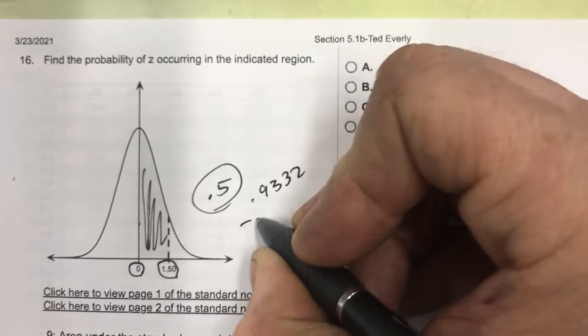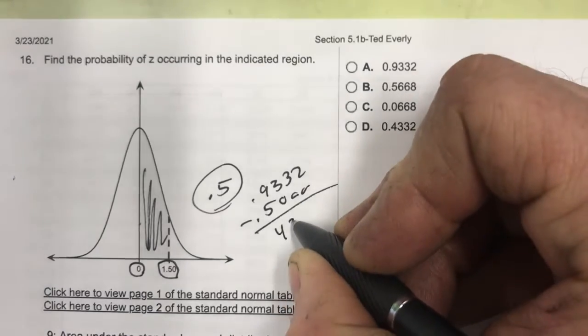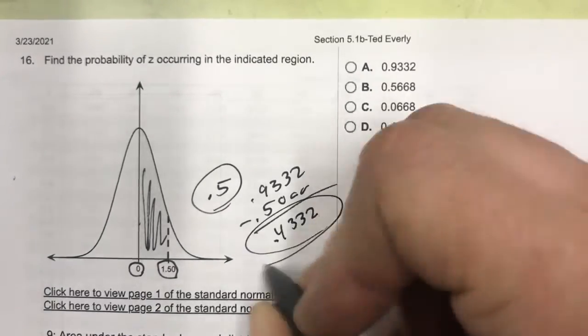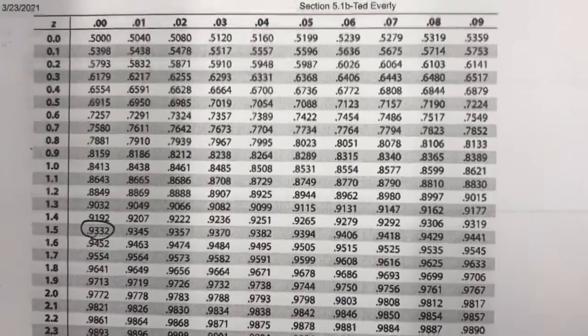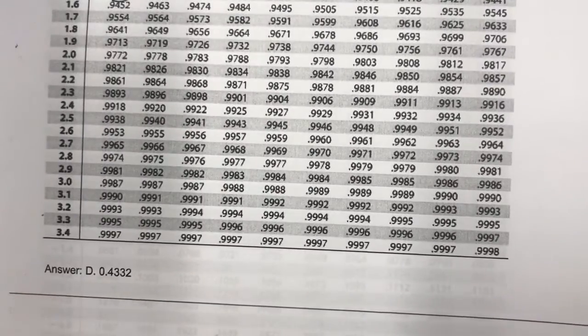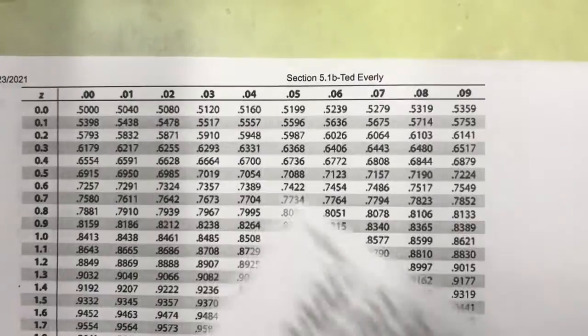So I subtract these, and that's what I get, 0.4332, which looks like D. And yeah, we got it, D. Okay, good.